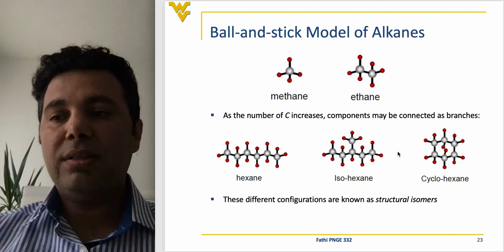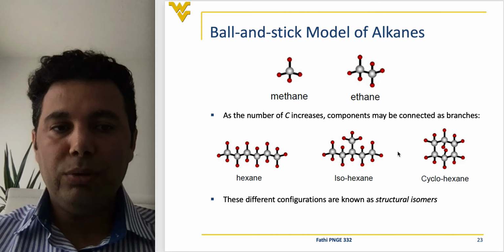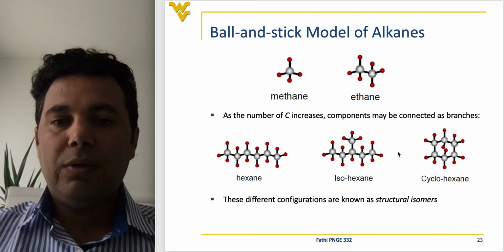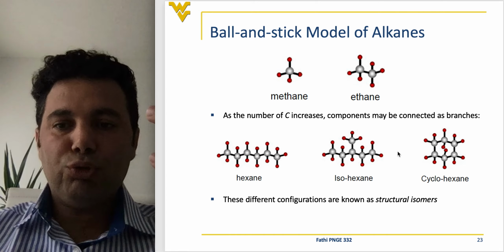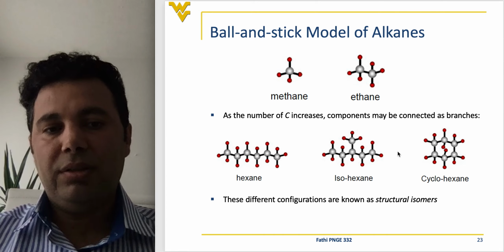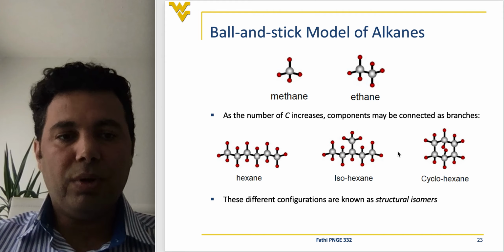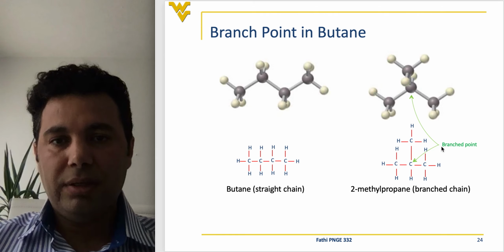Since the whole idea of putting these components in a homologous series was to be able to infer their physical and chemical properties, if a component doesn't follow that trend, then we have to put it in a different group. So that's why this cyclic structure is not in the alkanes group.